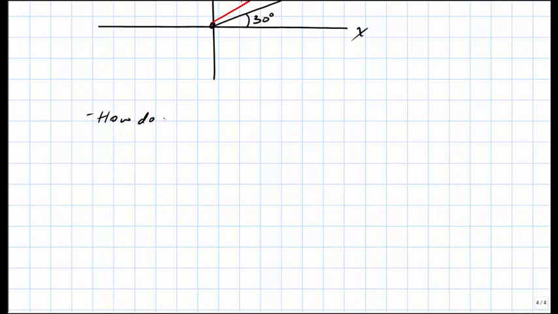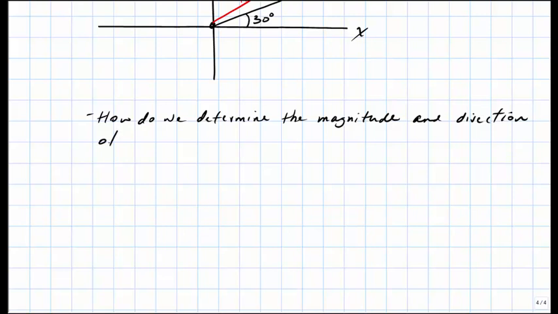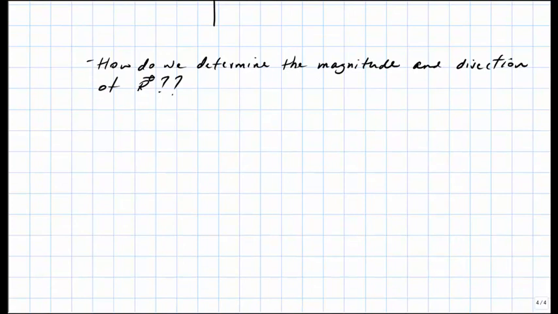Again, how do we determine the magnitude and direction of R? We can do it graphically, but we would like to also know how to do it analytically. I need some numerical results. Well, in order to answer this question, we have to introduce the topic of vector components.